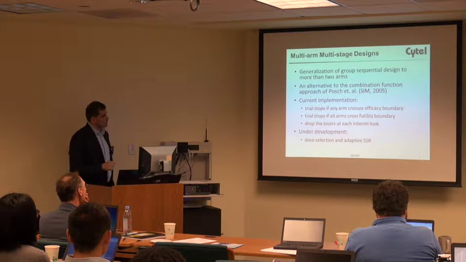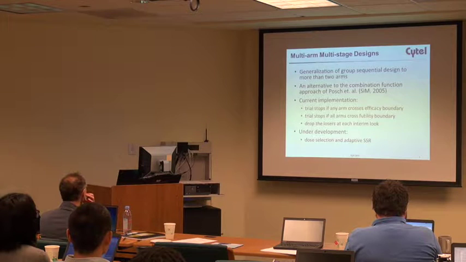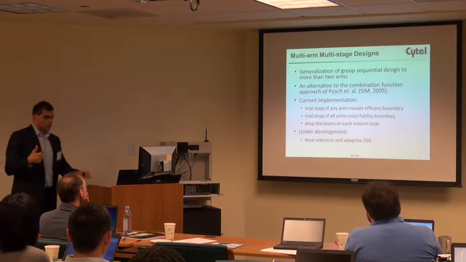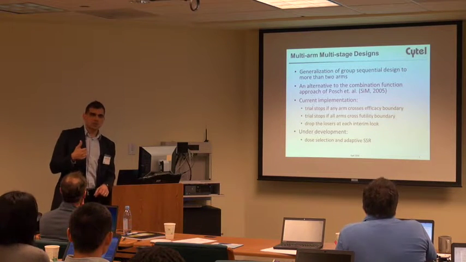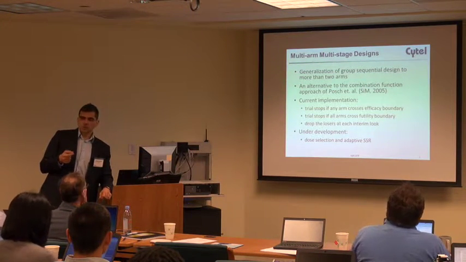So then we'll continue to the next stage with only the winners, the ones that made it up to that point. And as you will see in the software, in its simulation mode, we can do dose selection, and also we can do adaptive sample size re-estimation with this approach, using the promising zone approach.